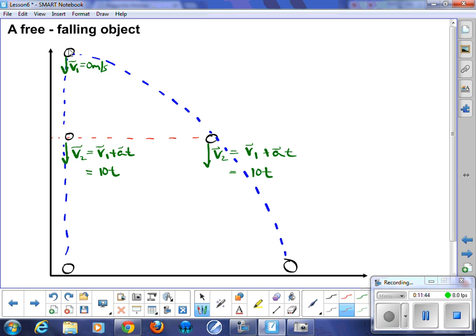If we rolled this off the end of the table with a velocity of, let's pick an arbitrary number here, let's go 5 meters per second. The projectile motion then has a component of 5 meters per second, but because it's in that x direction, it does not influence the y direction.